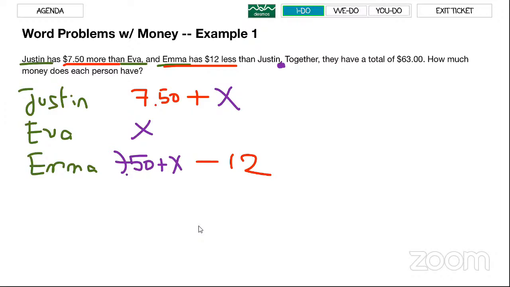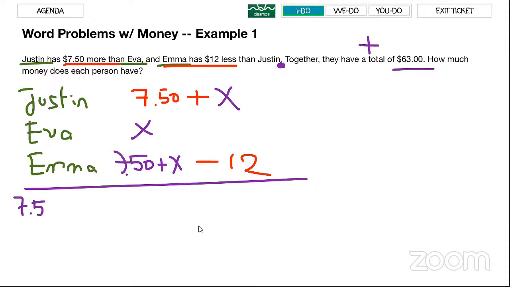Now let's read the rest of it. It says, together they have a total. Total means addition. If you add them all, because they have a total, it's $63.00, or just $63. So what you do is draw this line and add all of them. Justin has 7.5 plus X. Now I'm going to add Eva.